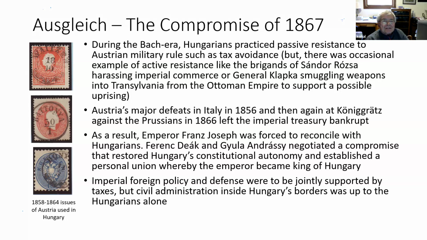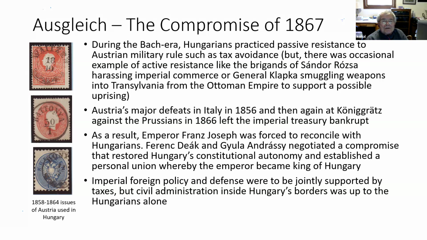Sándor Rózsa was a brigand in the Great Hungarian Plain, and he became a legend by, I guess, harassing anything imperial, stealing things from postal, like a stagecoach robbery in the Wild West. And General Klapka actually smuggled weapons into Transylvania from the Ottoman Empire to support a possible uprising.